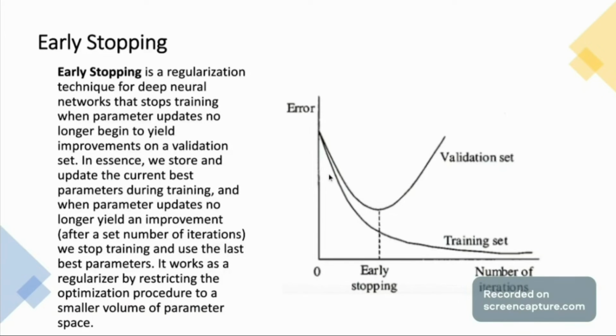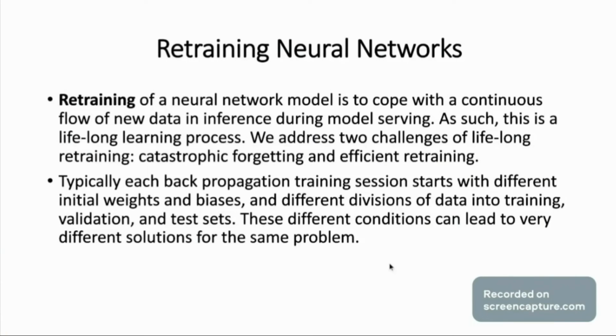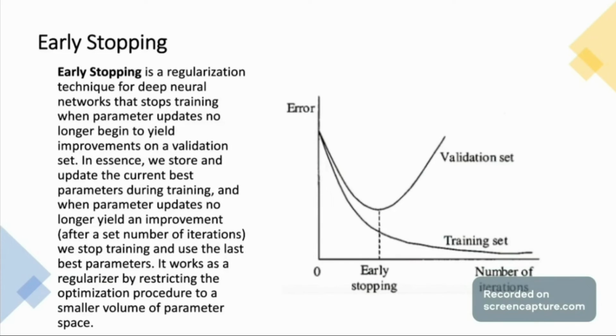Then we have to implement it to our validation set. So this is our validation set. From the training data set, we have to determine the validation set. Essentially, this is the concept of early stopping, where we validate our data from our training dataset by early stopping.